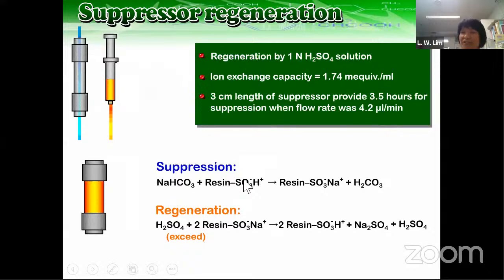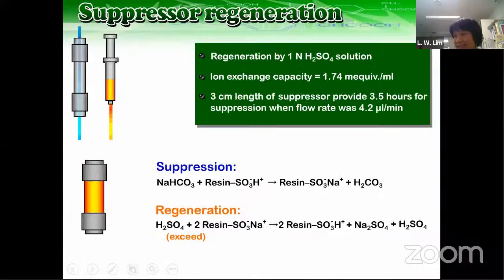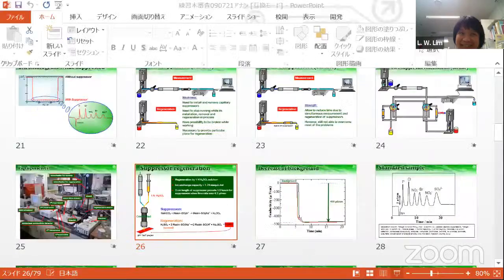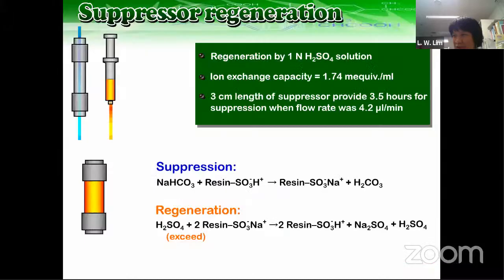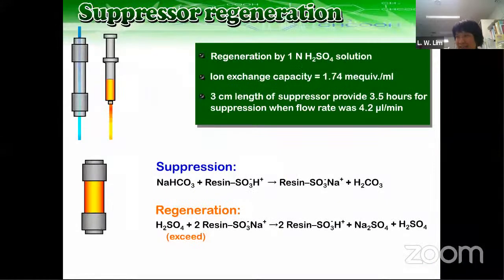Okay, so usually the suppressor will have a stronger capacity. It is also the same ion exchanger we used. Usually it's K-ions, so we have to have something like a resin here that will have a strong retention to the K-ions.